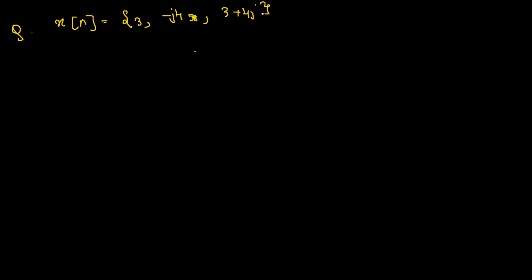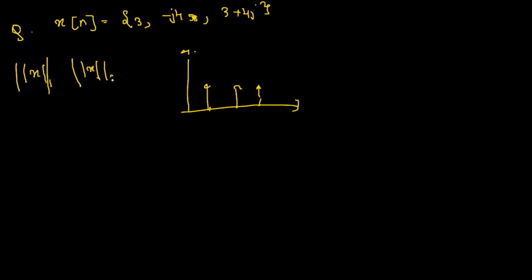This is a discrete type signal where at n equal to 1 you have a particular value, at 2 you have a particular value, and at 3 you have a particular value. We have been asked to find the L1 norm, the L2 norm, and the L infinity norm.